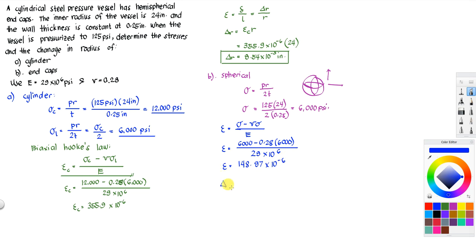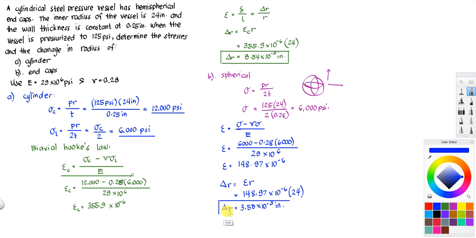To solve for the change in R, again, we take the strain multiplied by the original radius: 148.97 times 10 to the negative 6 multiplied by 24. So the change in radius for the end caps would be equal to 3.58 times 10 to the negative 3 inches.